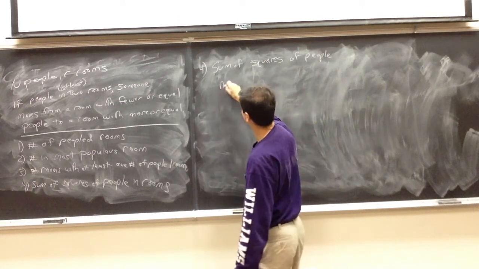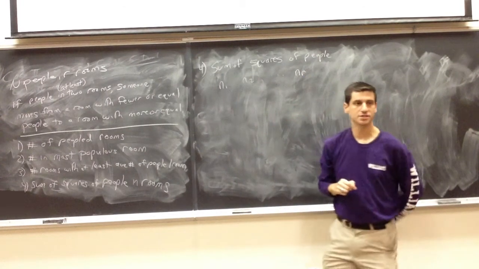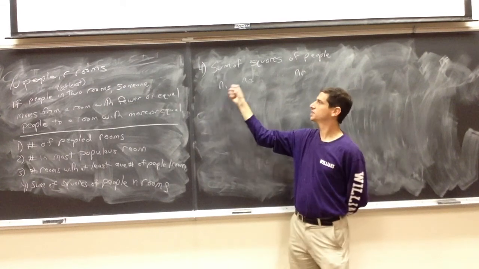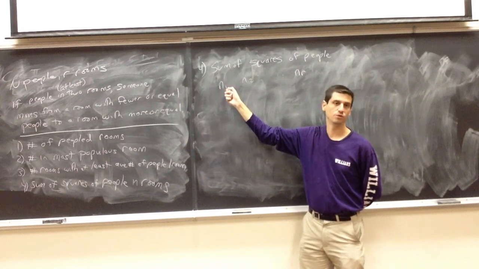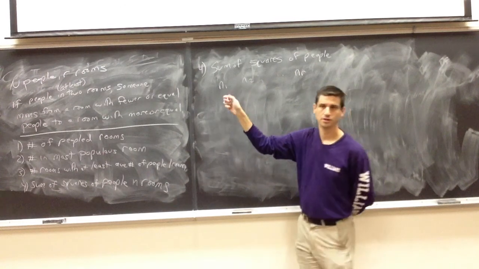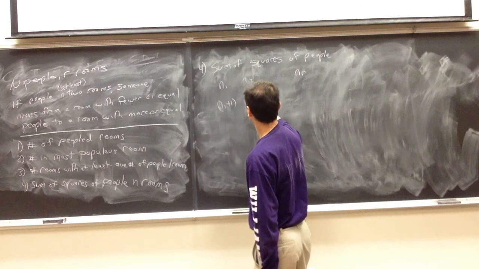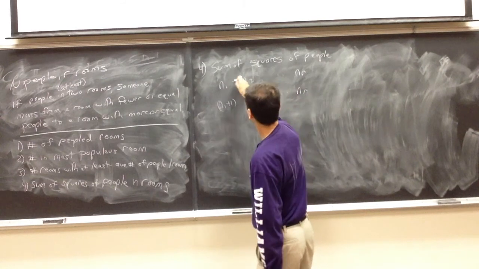So imagine we have n1, n2, nr, and somebody moves. Without loss of generality, let's assume somebody moves from room 2 to room 1. So we now have n1 plus 1, n2 minus 1, nr.